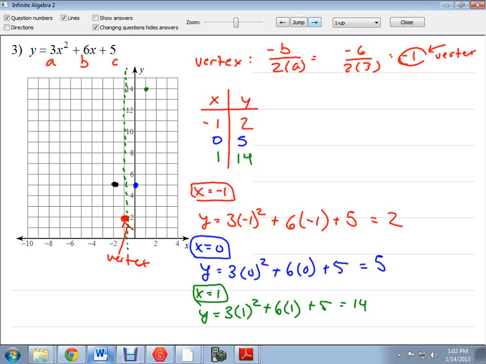All right, where would this point go at positive 1, 14? It's going to go 2 more, and that would be at negative 3, 14. And this would be my curve. It goes through those points, down to the tip, and back up again. It's a very tall, skinny U.